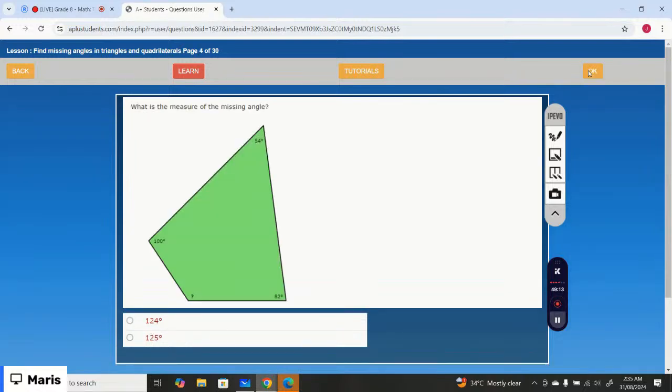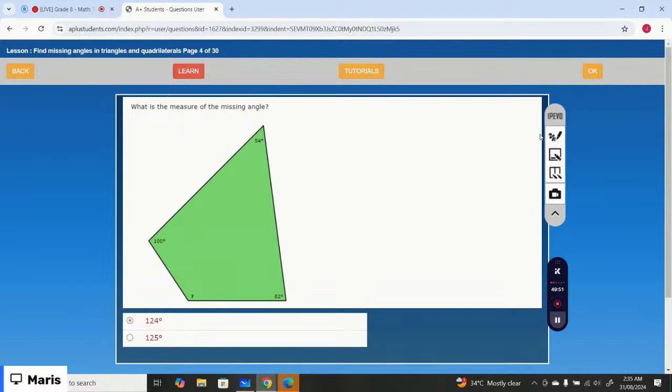What is the measure of the missing angle? So, which is the correct option? That is 124 degrees.